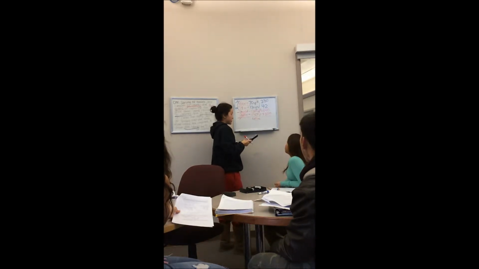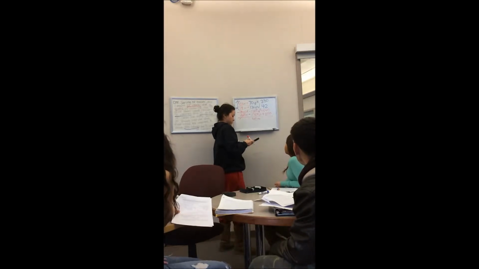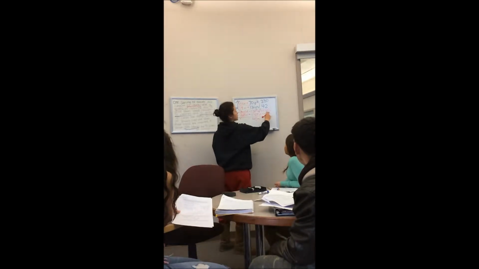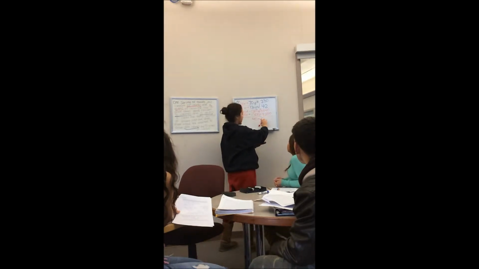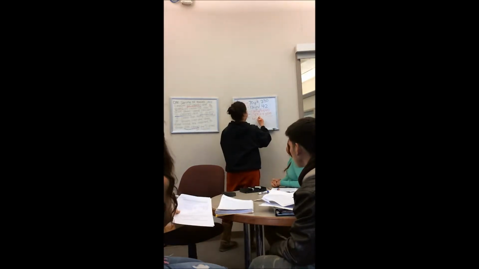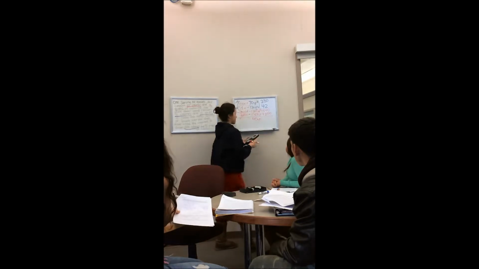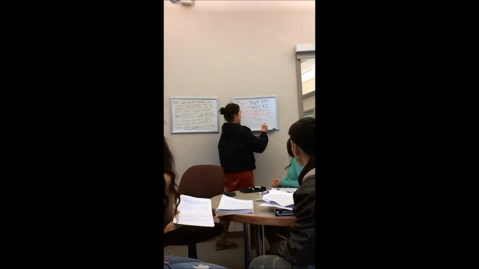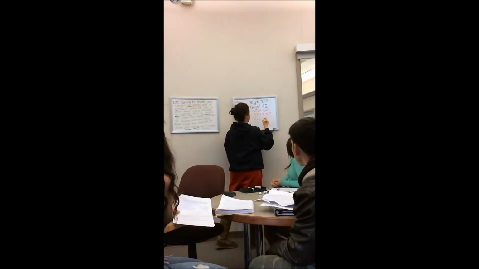So 4,200 minus 4140. 4,200 is bigger than 4140, so we know it's going to be a positive number. So we can forget about the negative sign, but we do have to subtract them from one another. Forgot to put the y here. That's going to end up being 60.